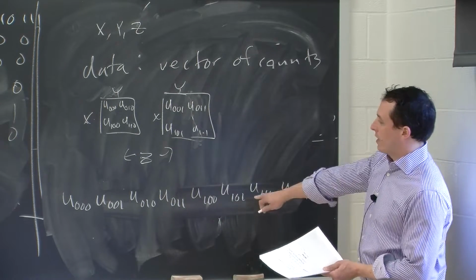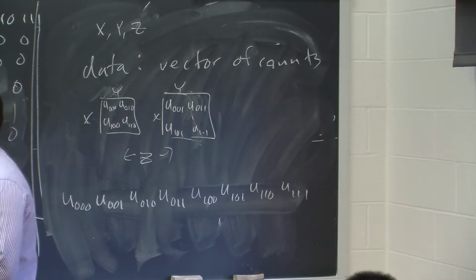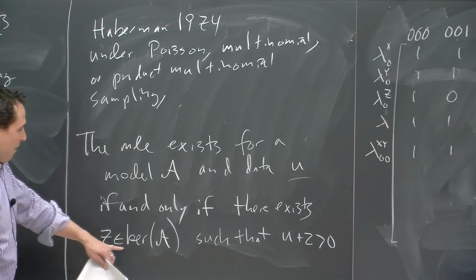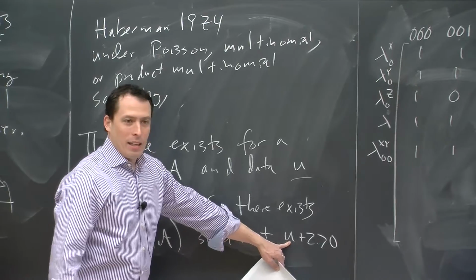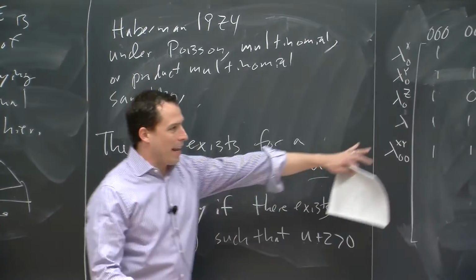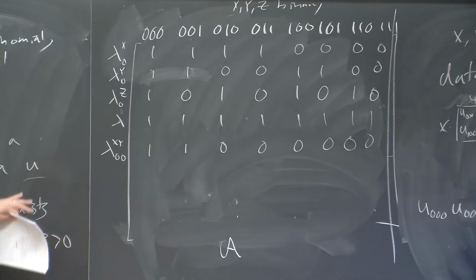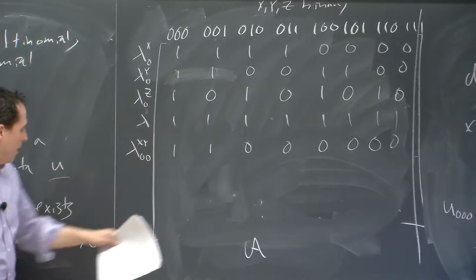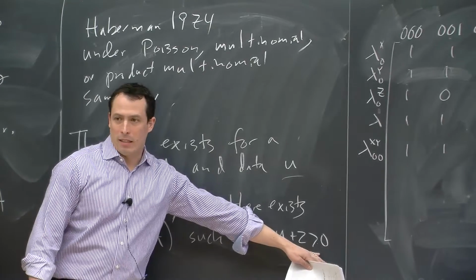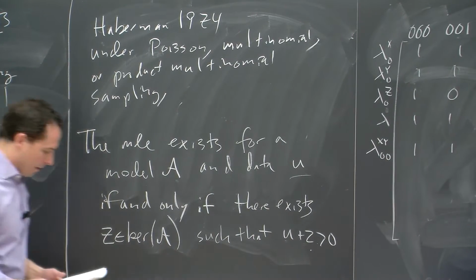So I take this vector of counts, I multiply it by this matrix A, and what this theorem says is that if I can take my data and translate it by a z that's in the kernel of A, which means A is blind to that translation, something that A can't see at all because it's 0 when I multiply A by it, and get a positive vector, then the MLE exists.